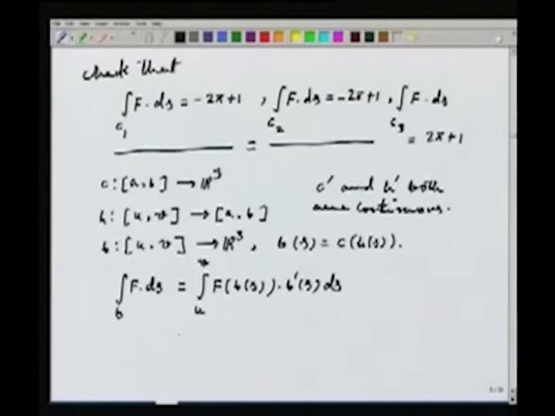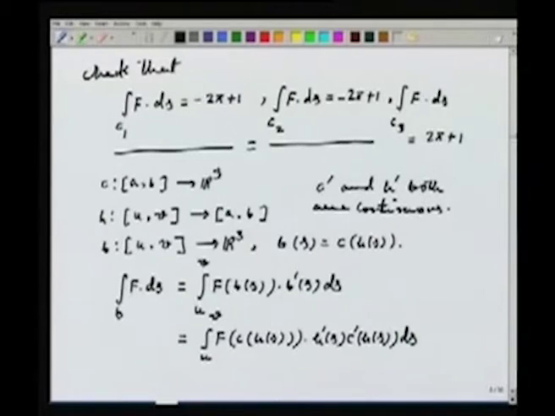Now I write it down: the integral from u to v of f of C of H of s times, I have to calculate B prime, that is H prime of s times C prime at H of s by the chain rule, times ds.